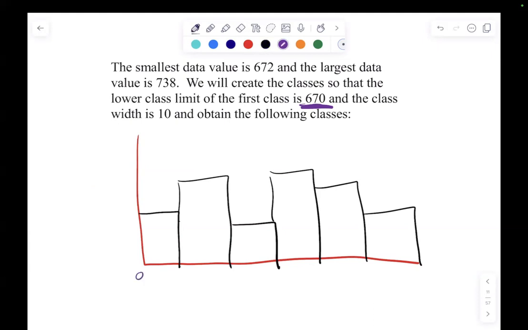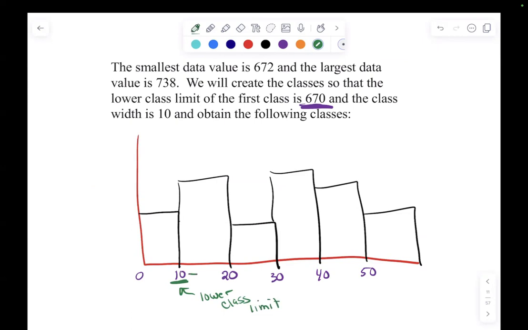I put 10 here, 20 here, 30, 40, 50, etc. Okay. This number is a lower class limit. That is the lower class limit of the second bin.